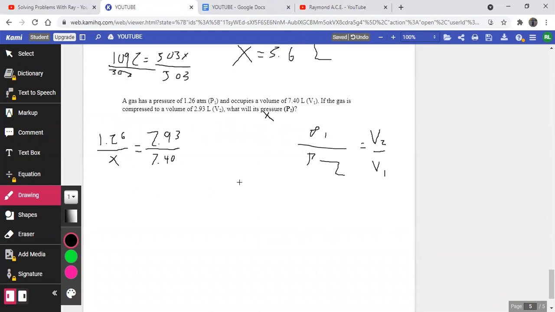We cross multiply like we always do. So 1.26 multiplied by 7.4 is 9.324, and that equals 2.93x.